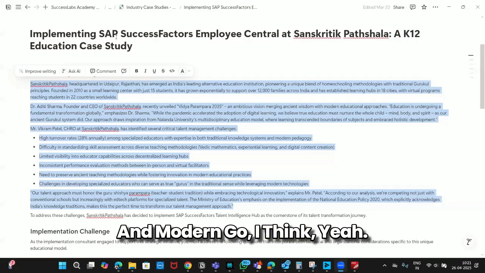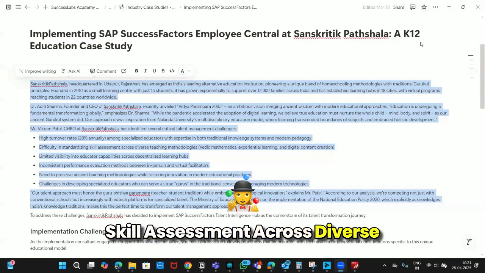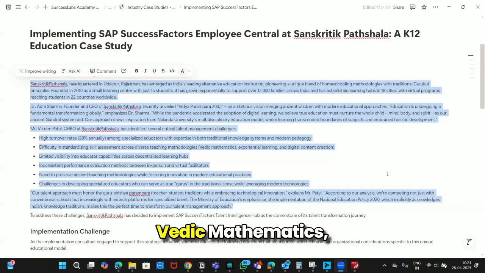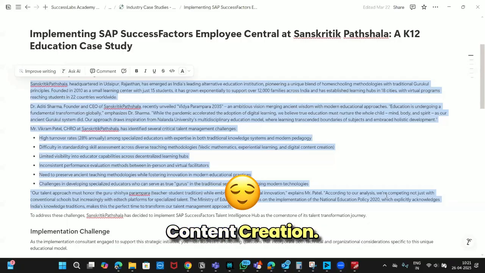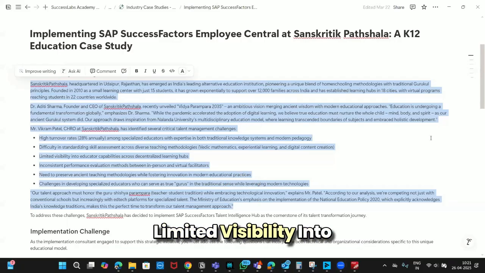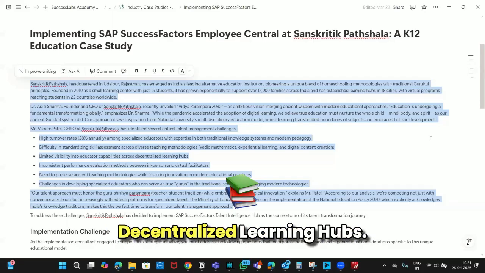Pedagogy. Difficulty in standardizing skill assessment across diverse teaching methodologies: Vedic mathematics, experiential learning, and digital content creation. Limited visibility into educational capabilities across decentralized learning hubs.